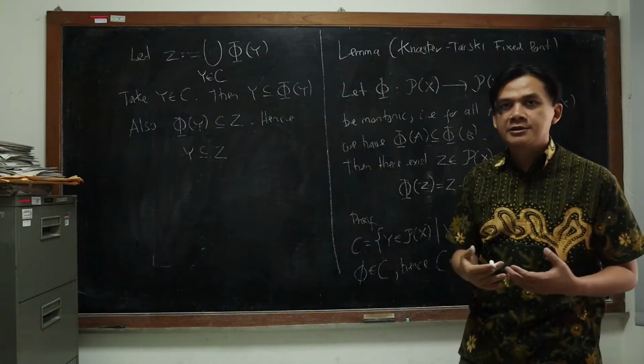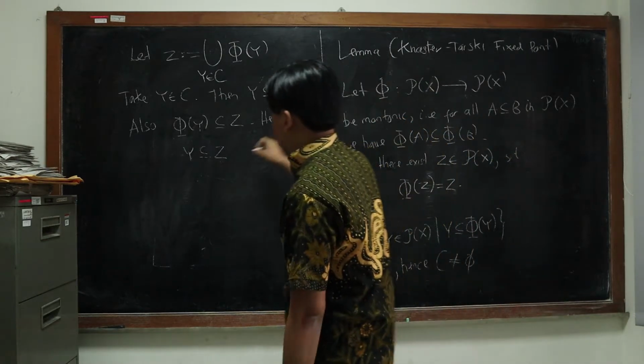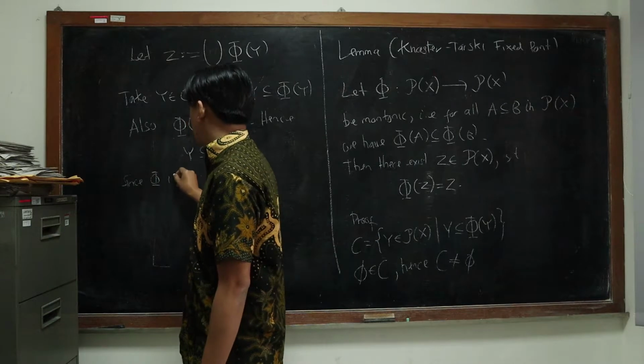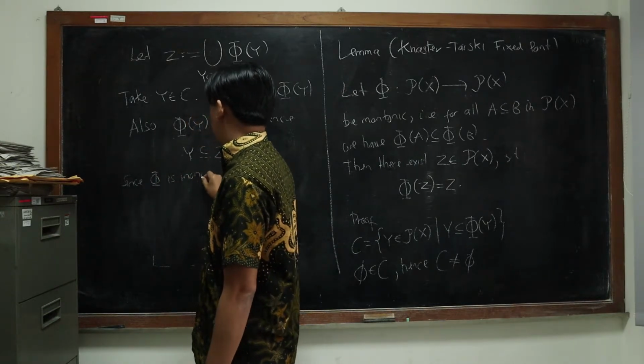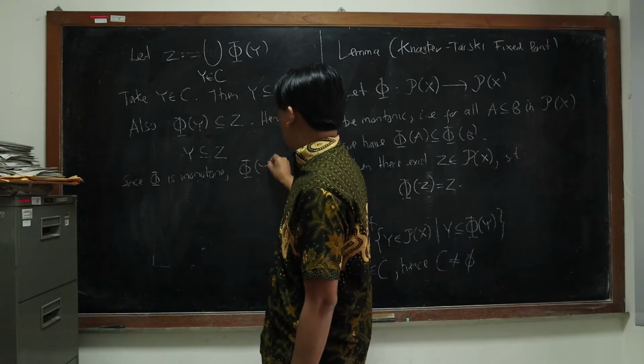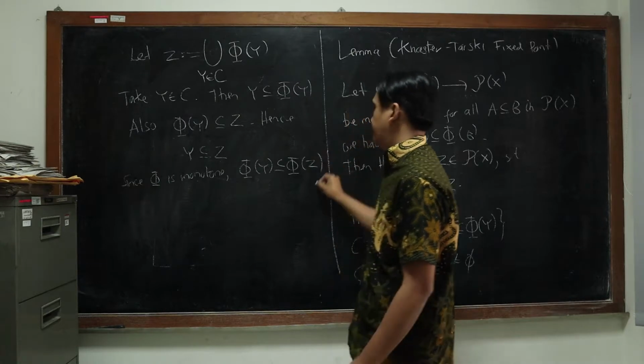Now comes the monotonic part. Since phi is monotone, we have phi of Y is contained in phi of Z, right?